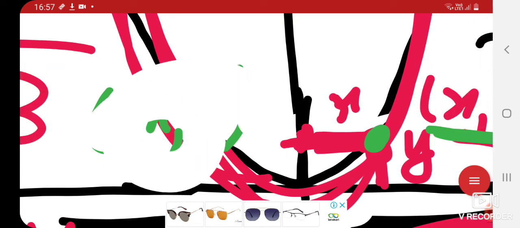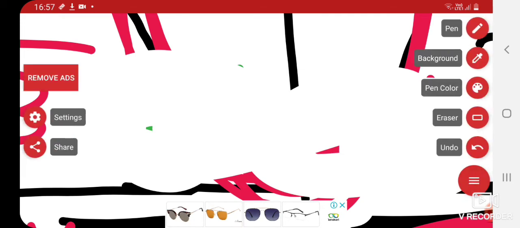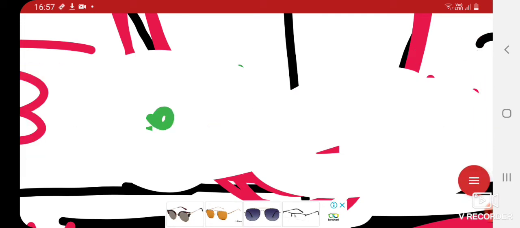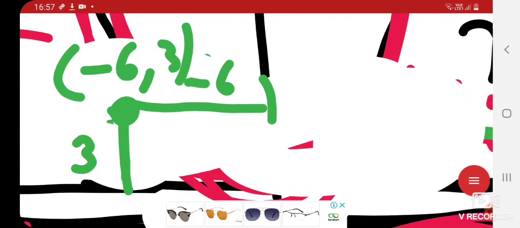That means this distance, this coordinate which was somewhere here, the distance from here to here is what, minus 6, and from here to here is what, 3.